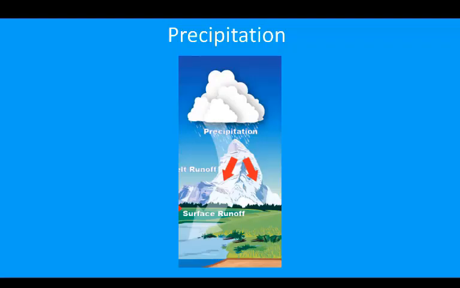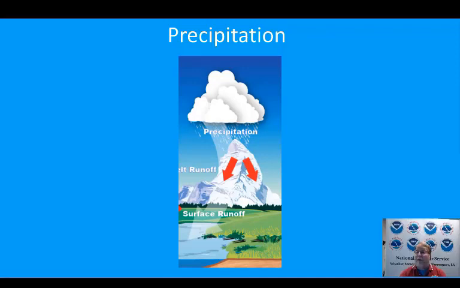Okay, now we're going to switch over here and talk about the next part of that, which is the precipitation cycle. Once you get the condensation in there, as those molecules or droplets run into each other, they start sticking, and eventually they grow big enough that the updraft cannot suspend them anymore, and they start to fall out.